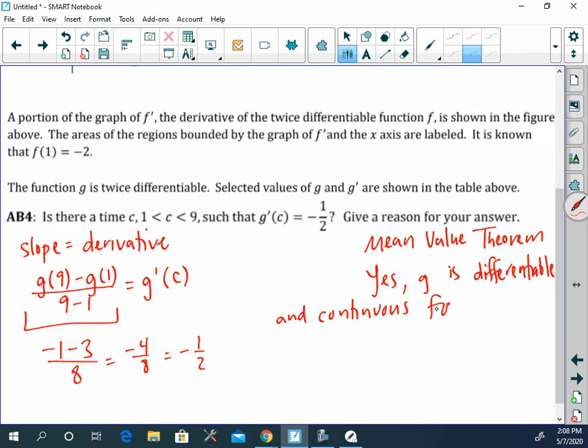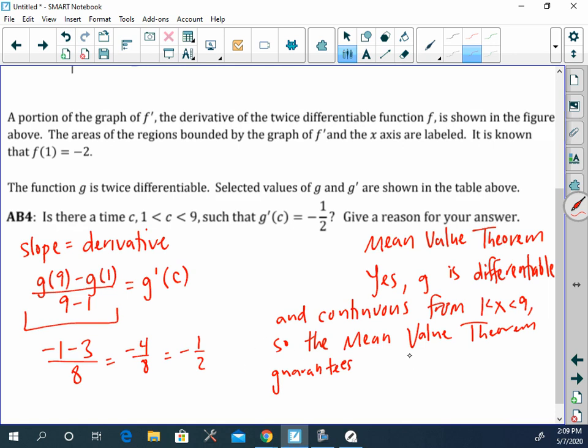from 1 to 9. So the mean value theorem guarantees at least one number C, and you're using C, that's what the theorem actually uses also.